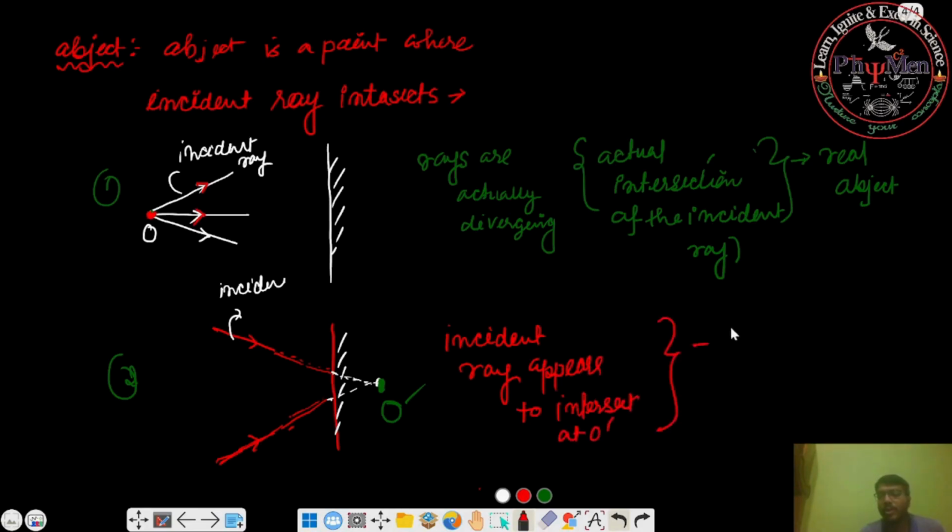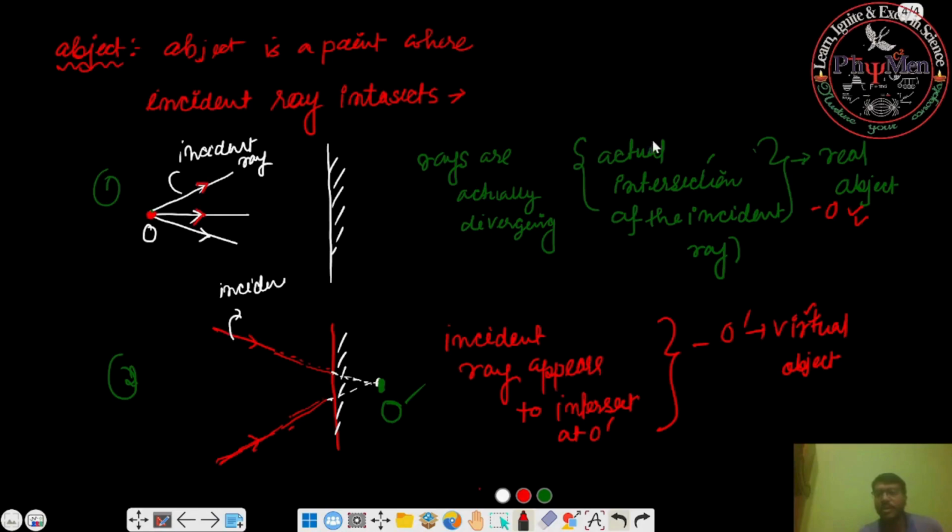So here you can say O dash is the virtual object. Here O is the real object. Okay. So this is the definition of virtual and real object.